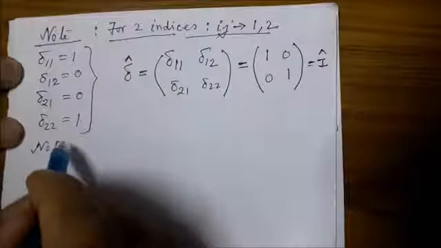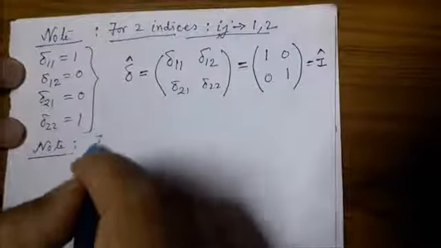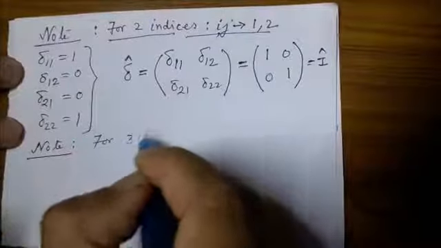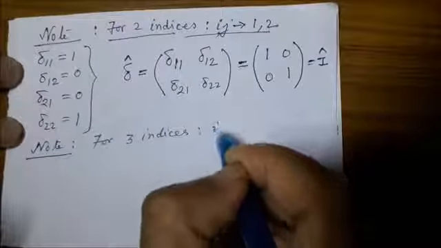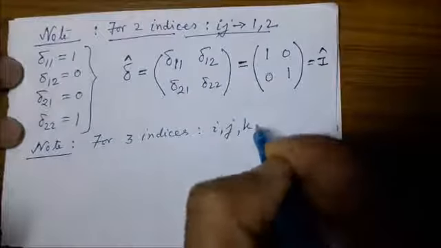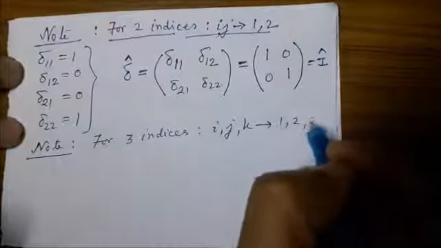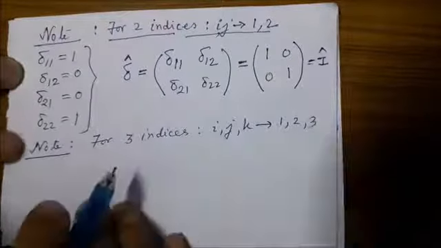Let us extend this idea. So for three indices, i, j and k, running over 1, 2 and 3, let us construct the matrix.